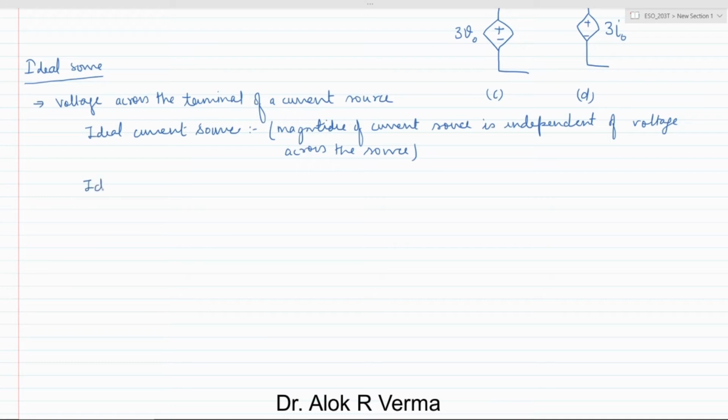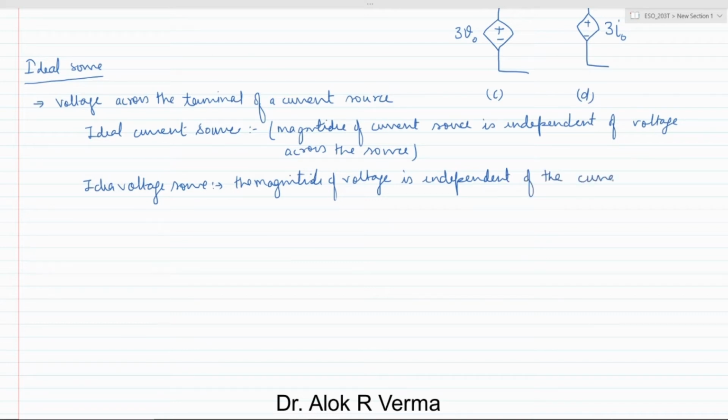Similarly, for an ideal voltage source, the magnitude of voltage is independent of the current drawn from it.